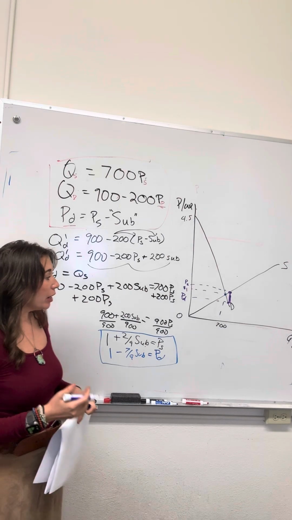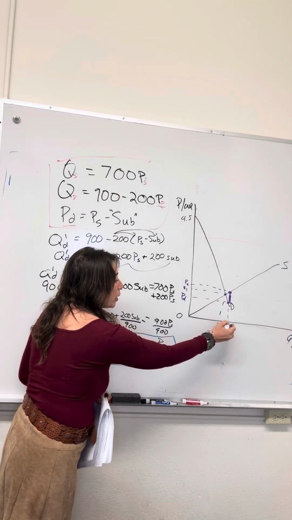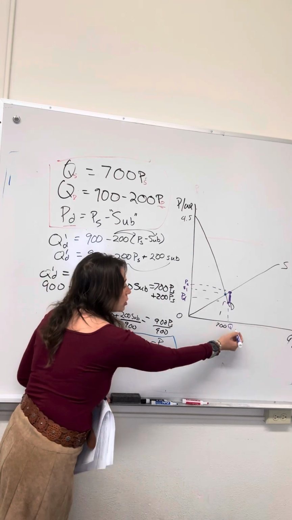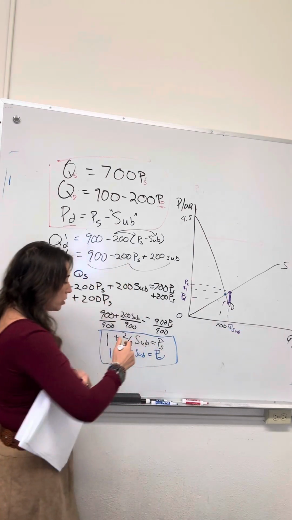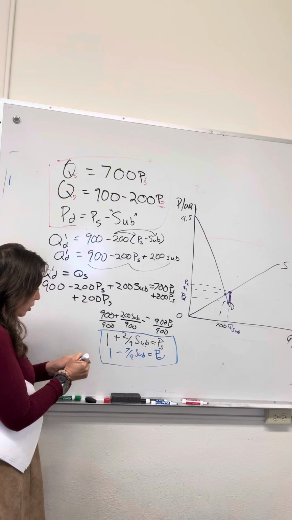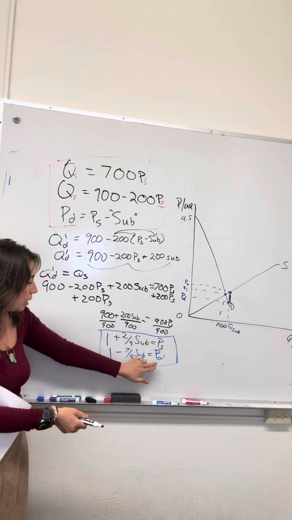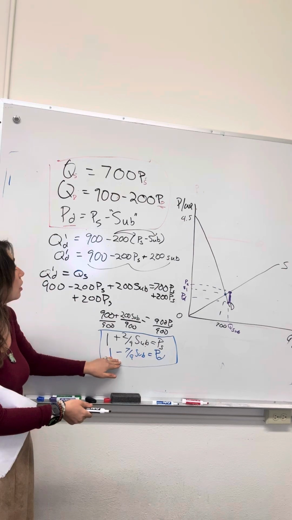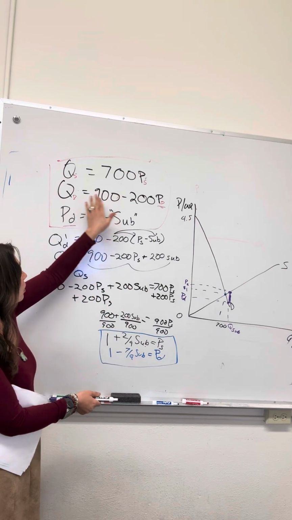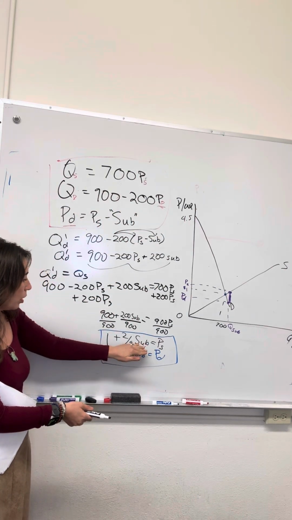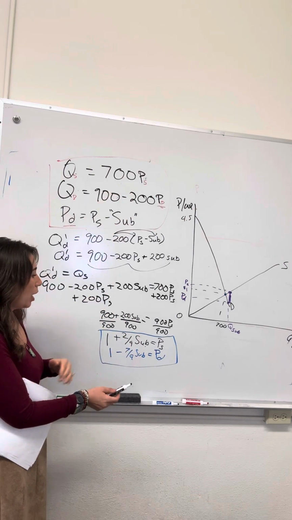Now I have to find how the quantity traded changes with the subsidy. I'll call that Q sub. I have a choice. I can either plug PD, this function that we got, into the demand, or I can plug PS into the supply.